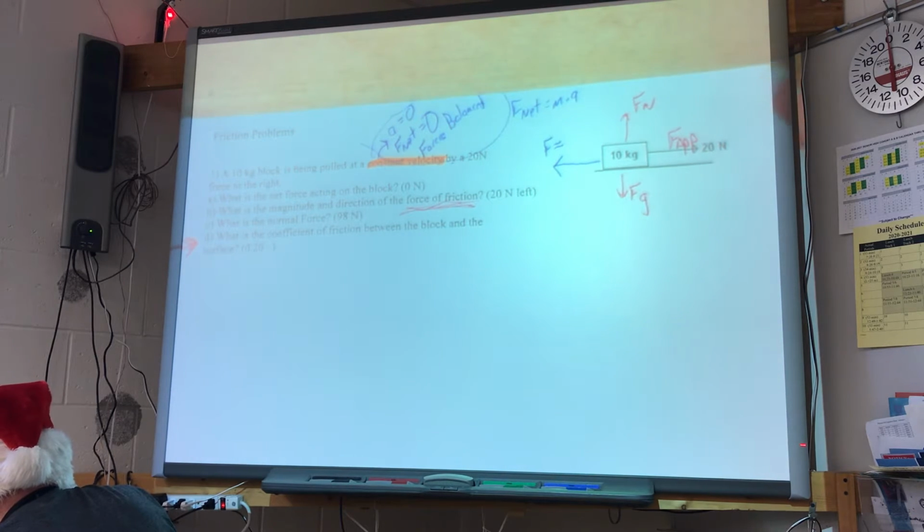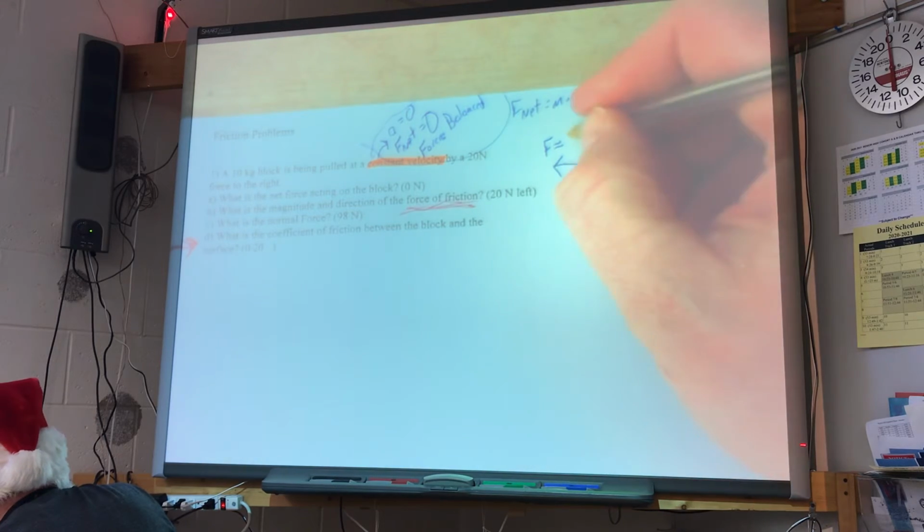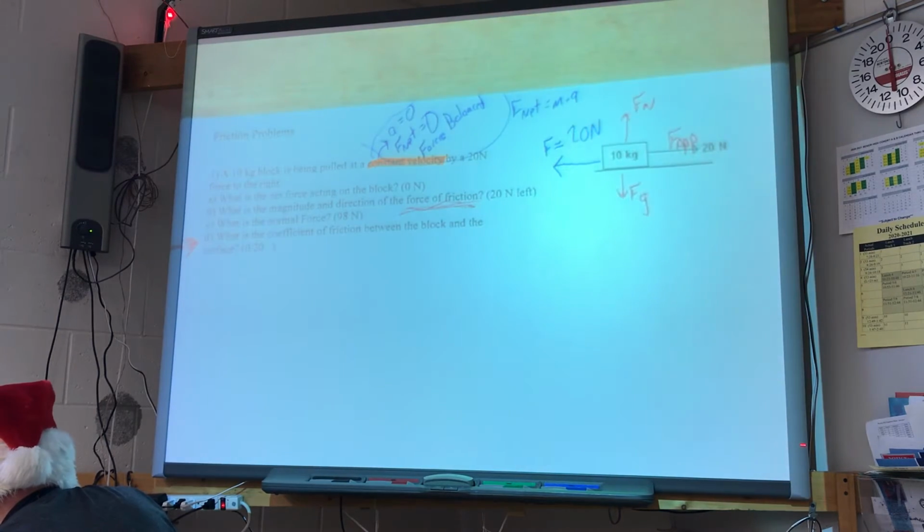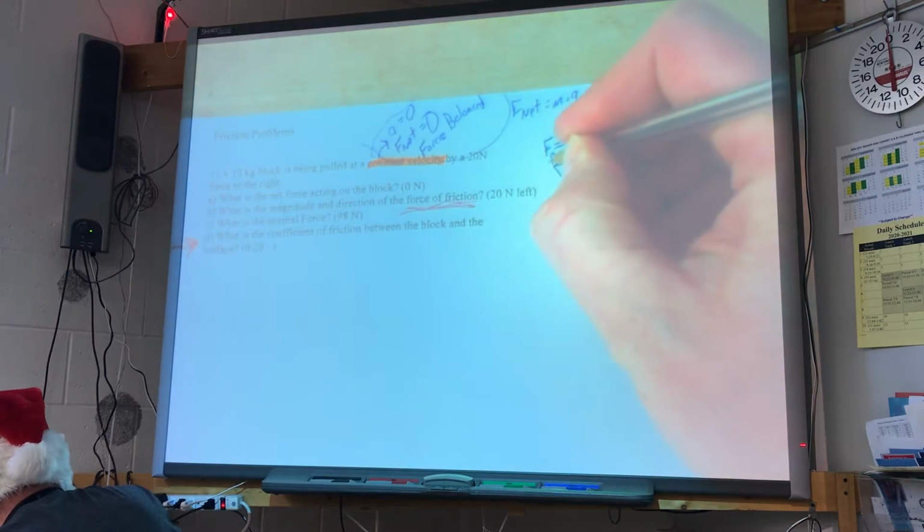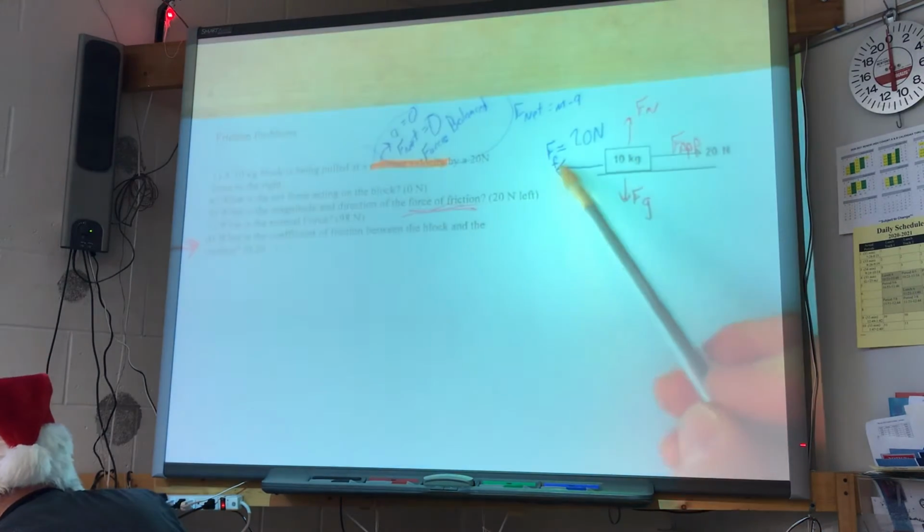What would the value of that force have to be? The same as the applied, which in this situation is 20. What we're going to find once we read on is that's the force of friction.